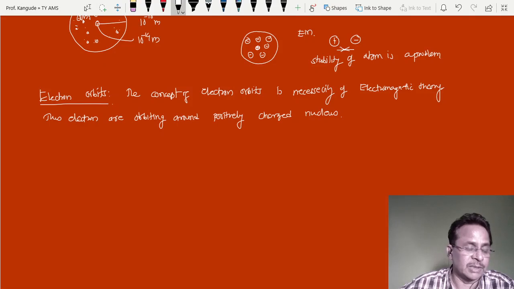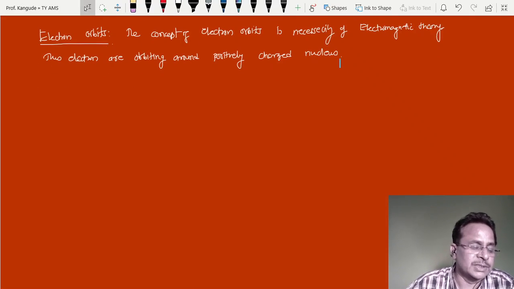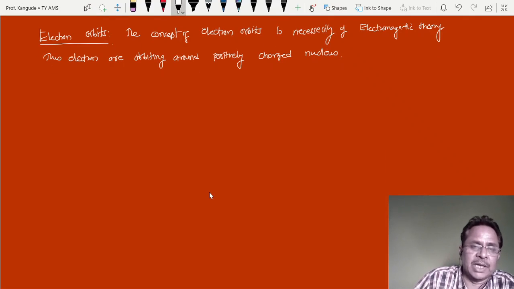This is the concept that was given by the further scientists who started thinking over this particular model. So, for example, I'll take a very simple example: consider a hydrogen atom.